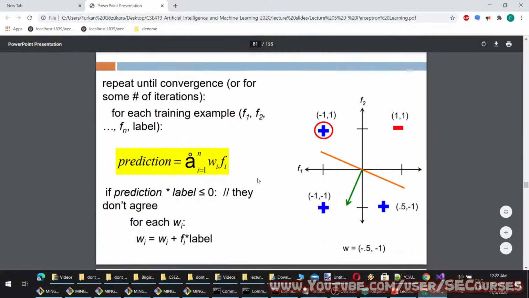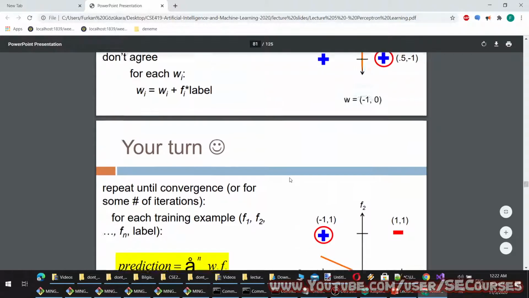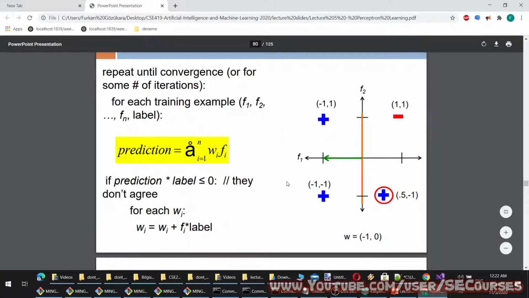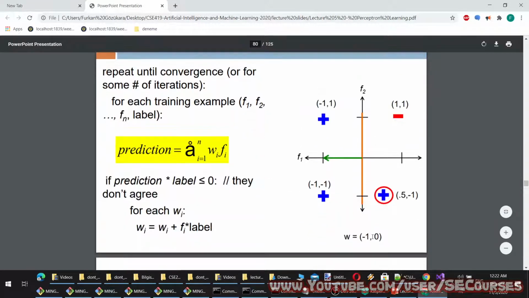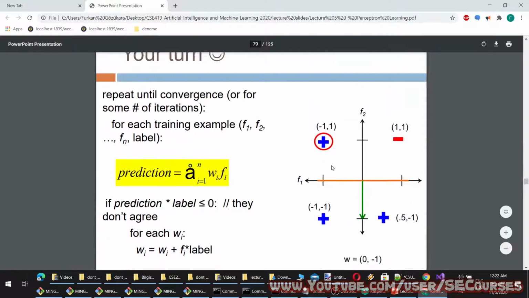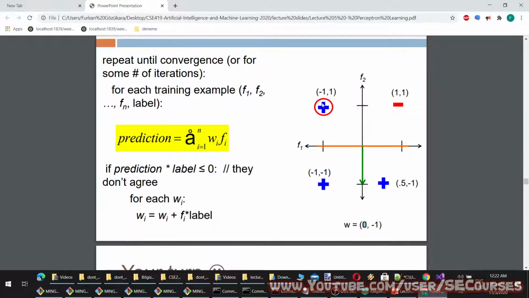The updated weights are -1 and 0. Why is that? Because the first value didn't contribute, but it could have contributed. It didn't contribute because the weight was 0, but it could have contributed as positive.